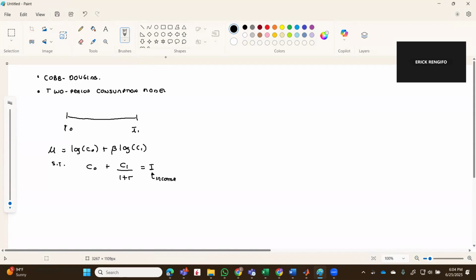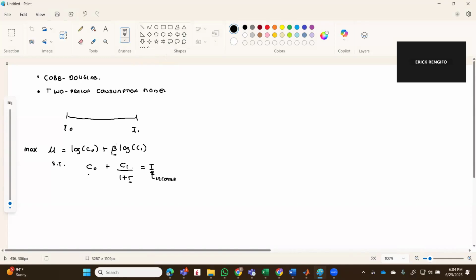And what we try to do is we try to maximize this function given an interest rate and given a beta. That's all we'll try to do. Got it? So what we try to find is C0 and C1 given an interest rate, given a level of income and given the marginal rate of substitution between time.